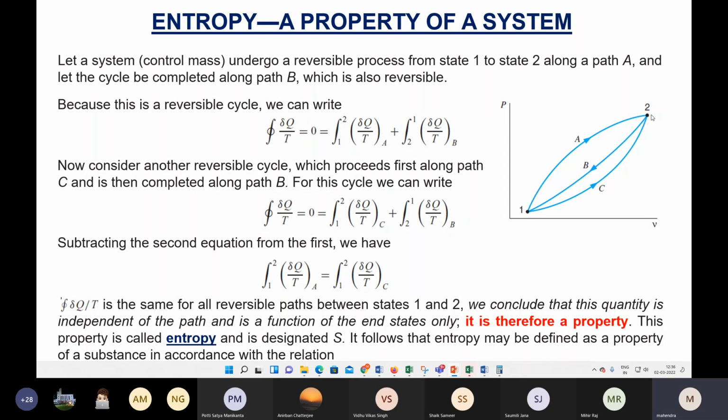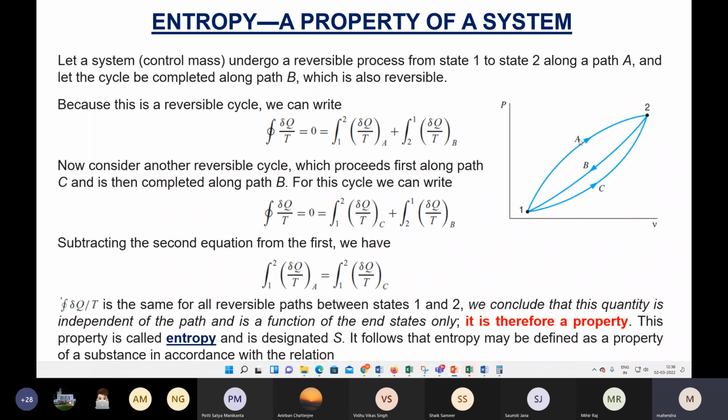From point 1 to 2, whichever process we follow, this process or this process, it is only a change of position, a change of state. By following any process, it doesn't matter. Once the state is changed, the value changes. That is the reason we can call it a property.